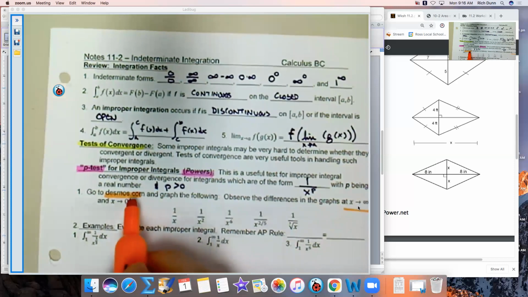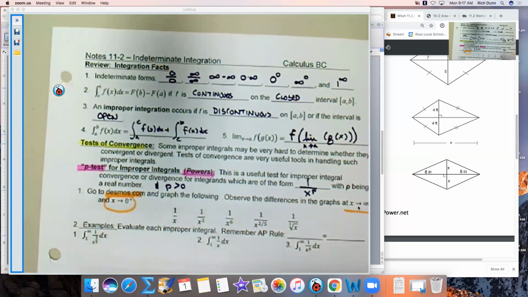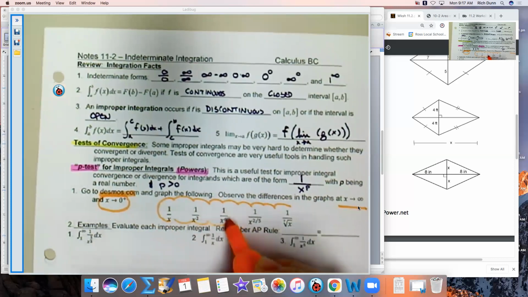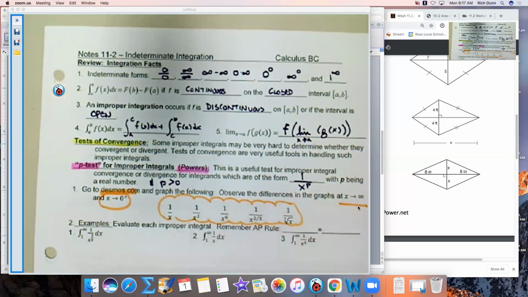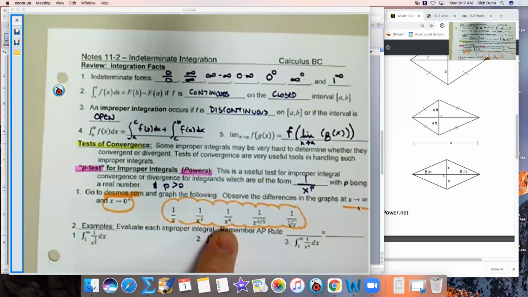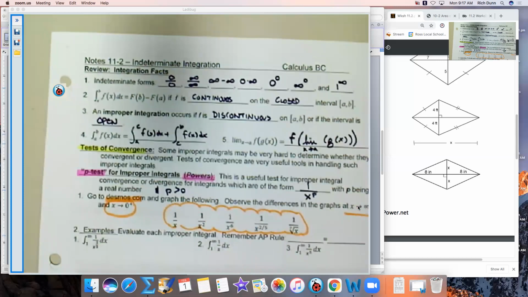And then also look at it as x goes to 0. That's going to really help you with understanding what we're going to do next. So I'd go ahead and pause the video, go to Desmos, enter these in, and just kind of zoom around with those. It won't take but a few minutes, but it'll help you understand these improper integrals that we're going to look at.